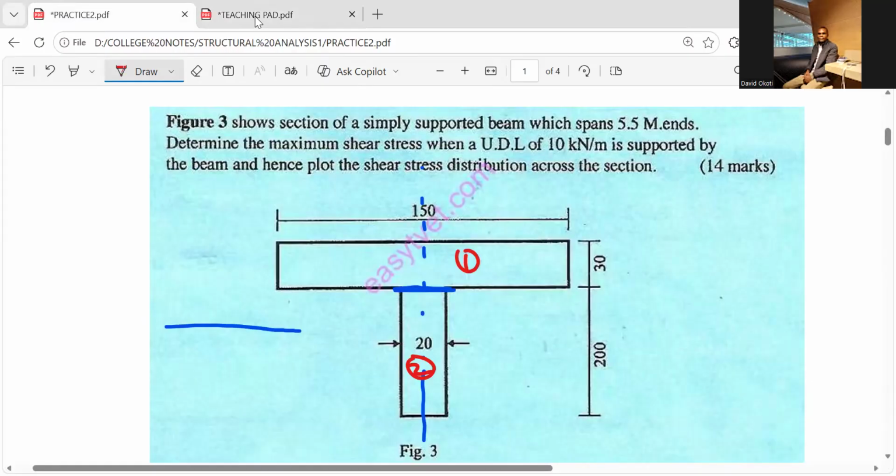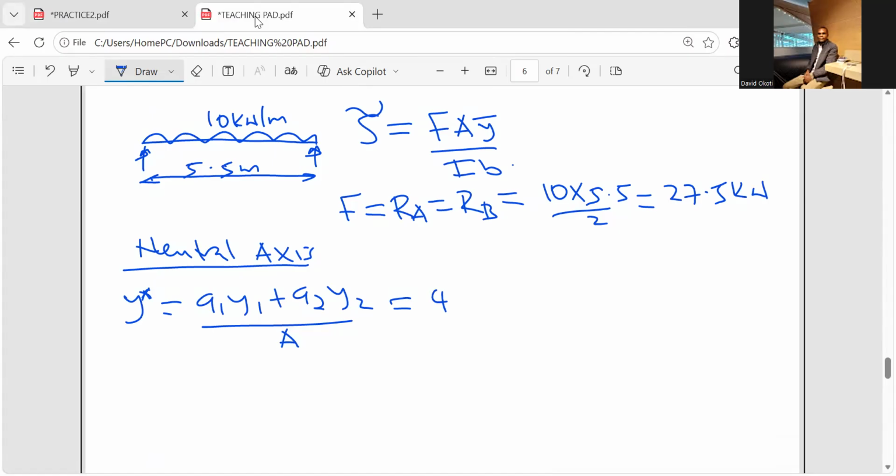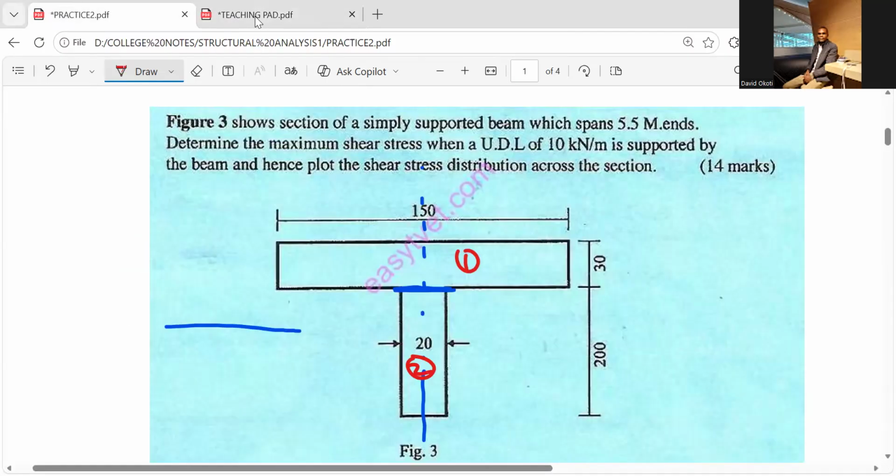A1 is the area of the flange, which is 150 times 30, 4500, times Y1. How do you measure Y?